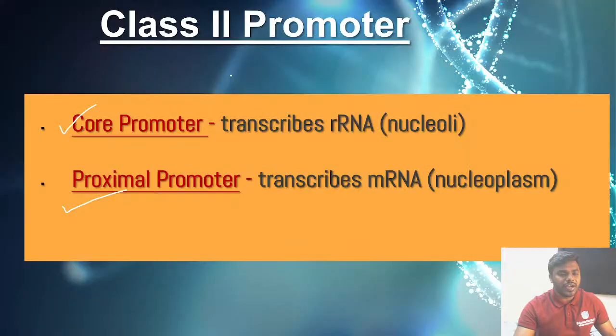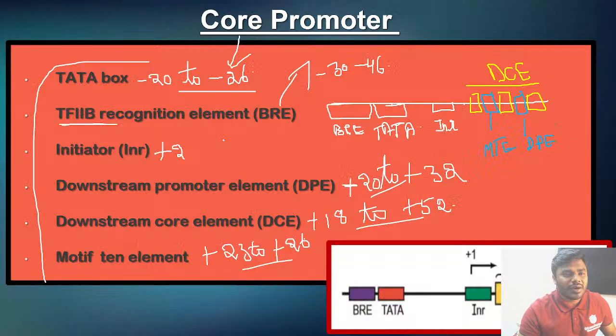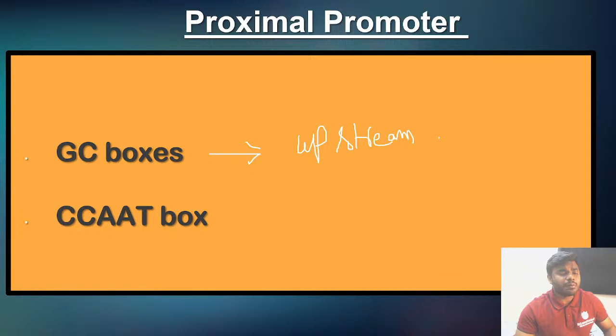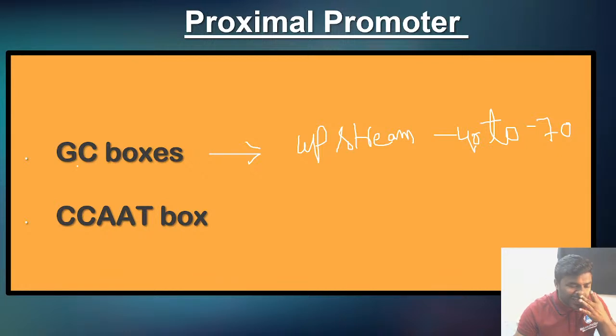And I also told you, right, core promoters are located where? Upstream also, friends, downstream also. But friends, if you look into the proximal promoters, they are located only upstream. Upstream means I can represent it with what? Minus. See, at minus 40 to minus 70 nucleotide, there is a proximal promoter present, which is rich in GC sequences.